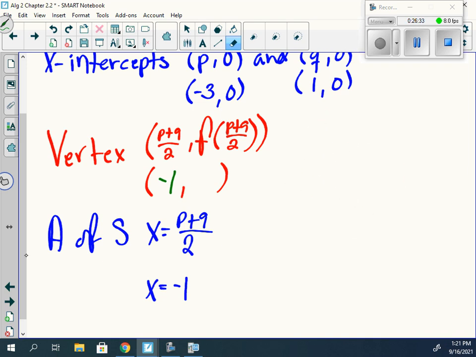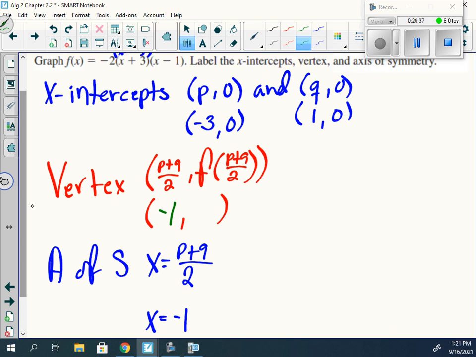What's the only thing we have left? It'd be the y value of the vertex, and to find it we just have to plug it back in. So we just need to plug negative 1 back in to the original function. So we'd have negative 2 parentheses, negative 1 plus 3 times negative 1 minus 1.